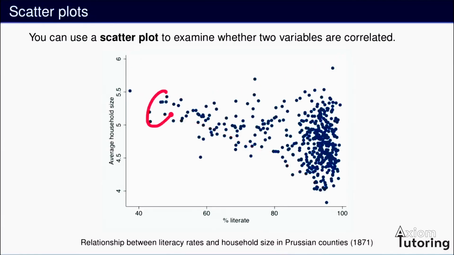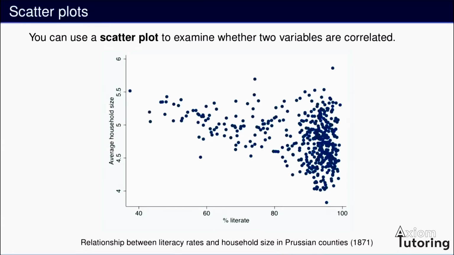There seem to be very few observations and the variation is quite low in terms of average household size when the literacy rate is relatively small, for example, around 45% in the county. But in counties where the literacy rate tends to be really high, like above 95, there's a much wider variation, right? And that's something that a scatterplot allows you to do.